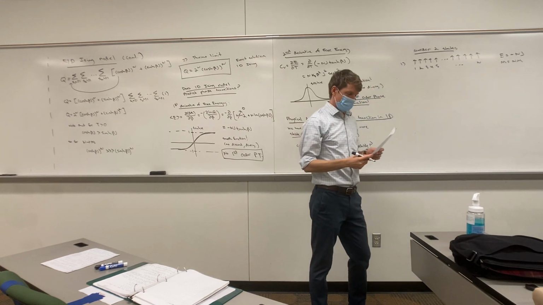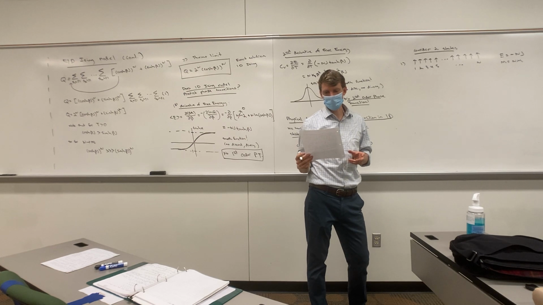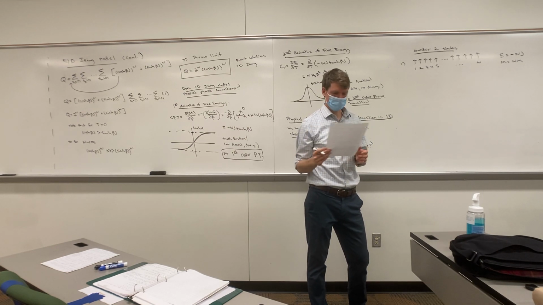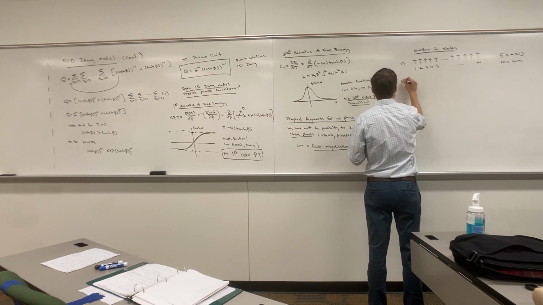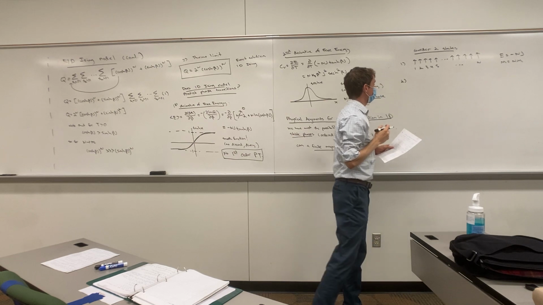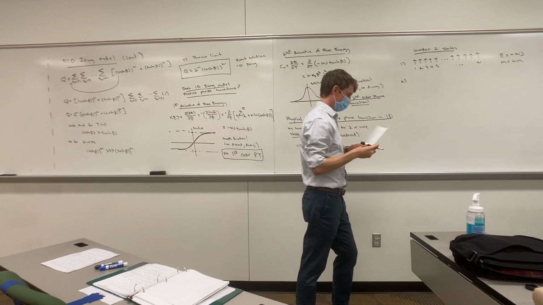So that's the ordered state. Now let's think of a state where we slightly perturb the system. We perturb the symmetry. What if we just create one unfavorable interaction?